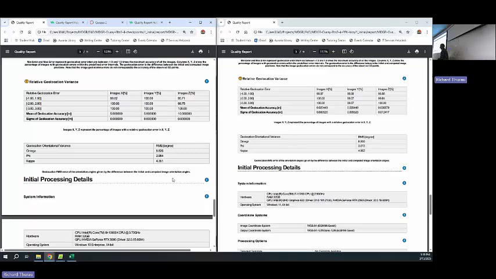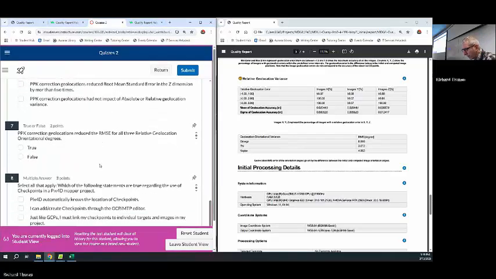But they're close enough to say that they didn't really change a whole lot. So what is the question? I would say false there, because it actually increased some of the RMSE.